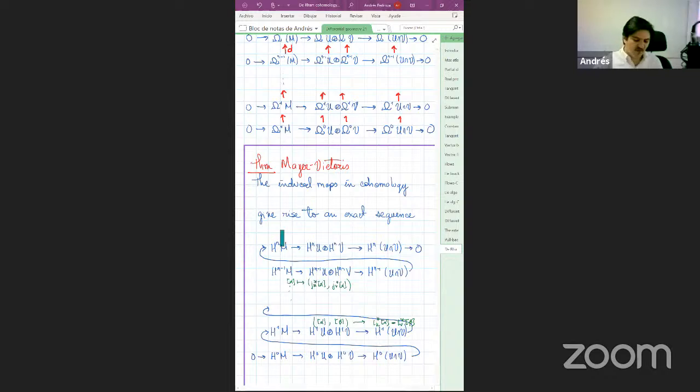Sometimes you know the cohomology of the manifold and of the intersection with V, and you want to compute the cohomology of this open set. That's also something that we frequently use. Okay? Any questions up to this point?